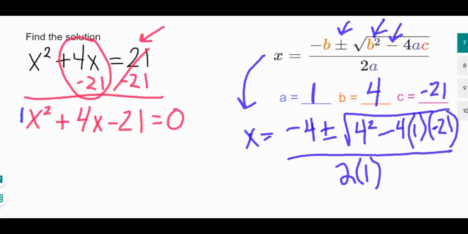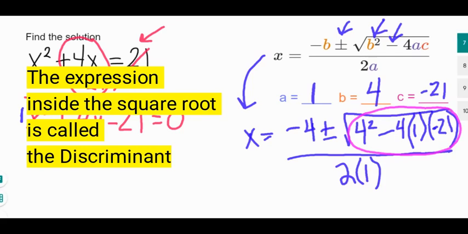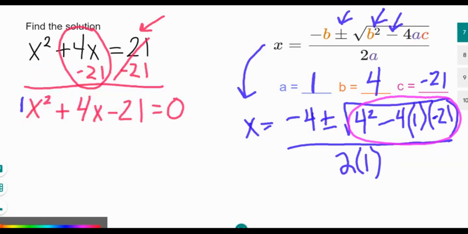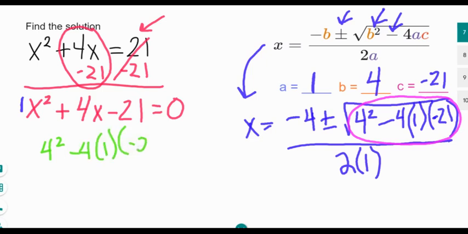Now, what I like to do is solve what's inside the square root first so that I don't have to keep rewriting the formula over and over again. The expression that's inside the square root is called the discriminant. So I'm going to go over to the side and write the discriminant down. I have 4 squared minus 4 times 1 times negative 21.